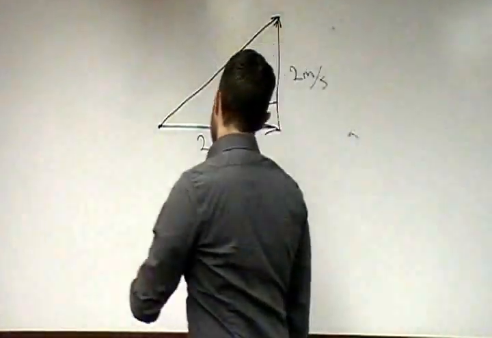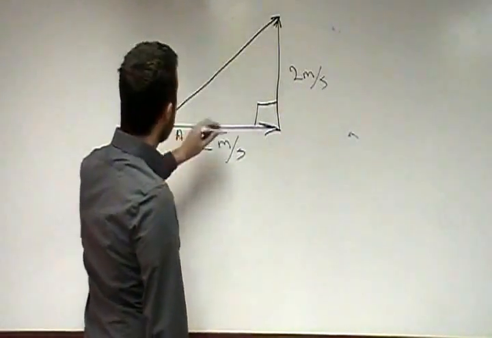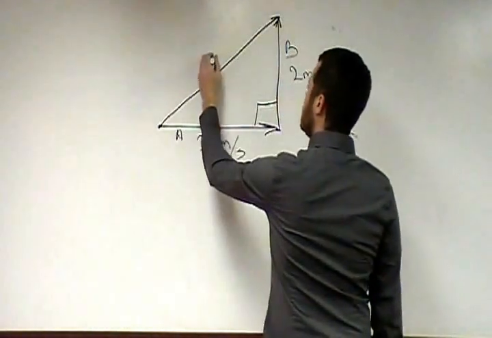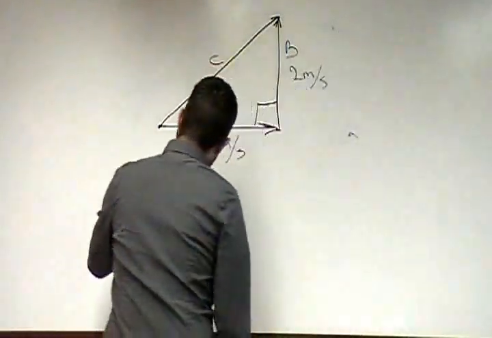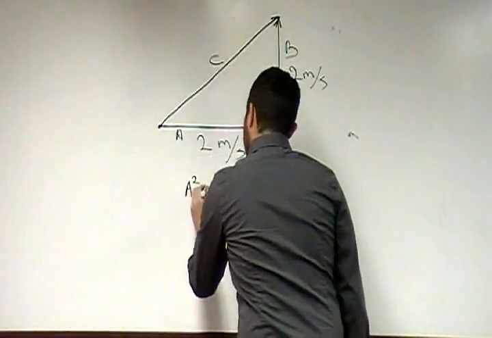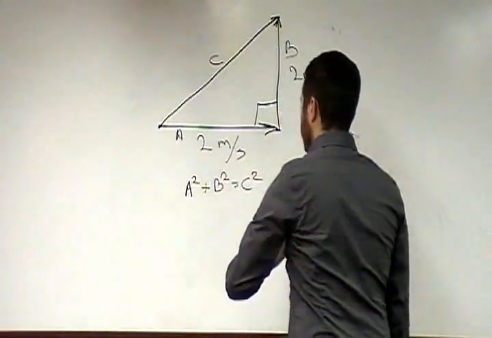Pythagorean theorem says that if this is side A, and this is side B, and this is side C, then A squared plus B squared equals C squared.